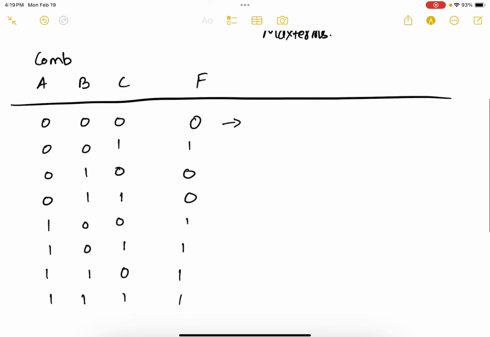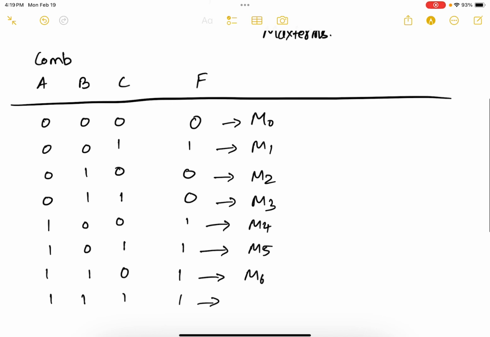This is known as max term 0, max term 1, max term 2, max term 3, max term 4, max term 5, max term 6, and max term 7. This corresponds to A or B or C. This corresponds to A or B or C prime.